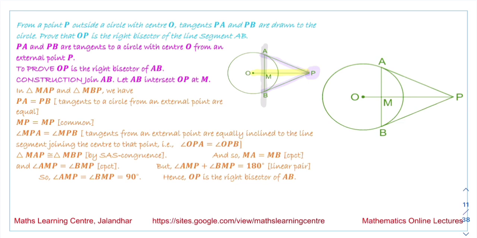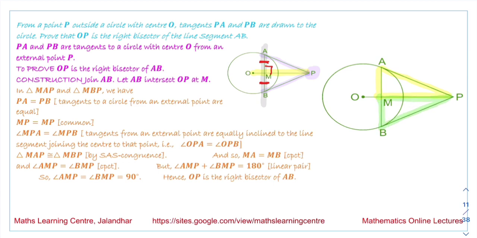It means we have to prove that this angle over here is 90 degrees and these two lengths are equal. To prove this, we first consider the triangle MAP, and the second triangle is MBP.